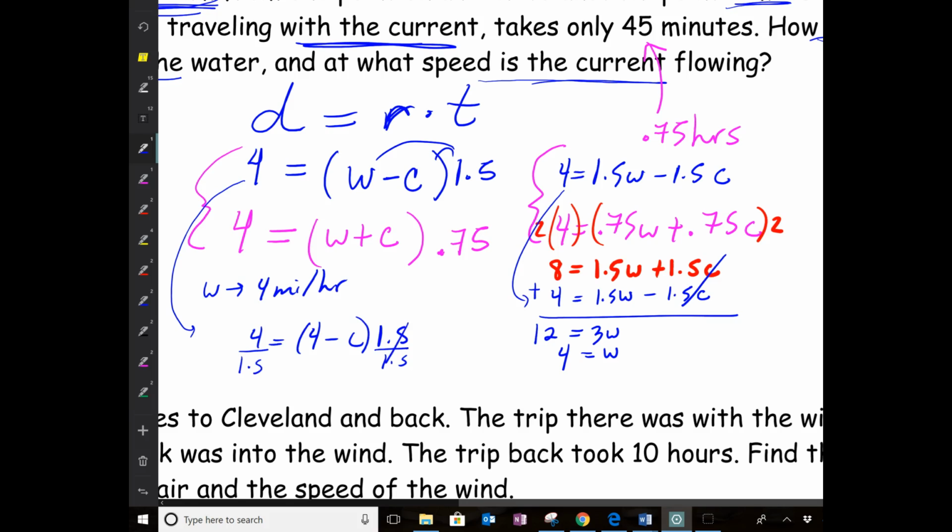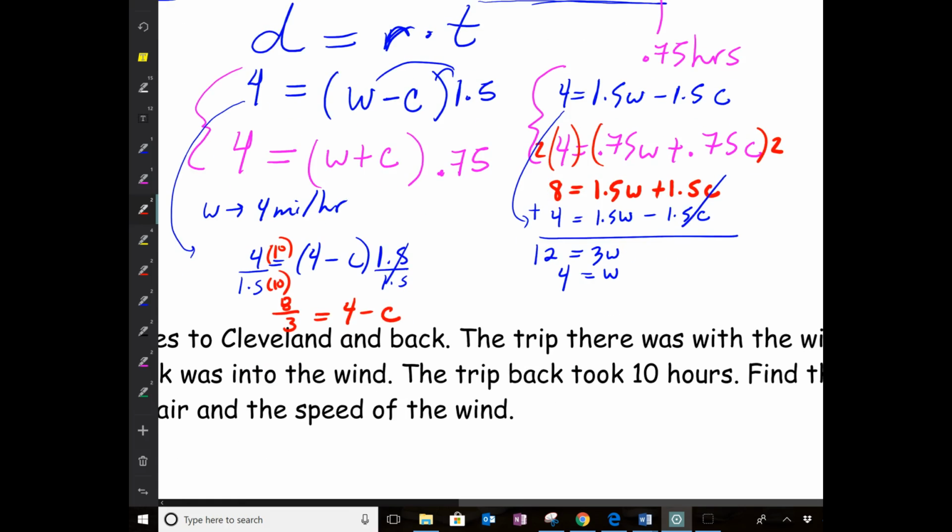And here I would want to multiply by 10 over 10 just so I can not use any rounded answers. So that would be 40 over 15. And 40 over 15, does that reduce at all? By 5? Yep. So that would be divided by 5, 8/3. 8 over 3 is equal to 4 minus C.